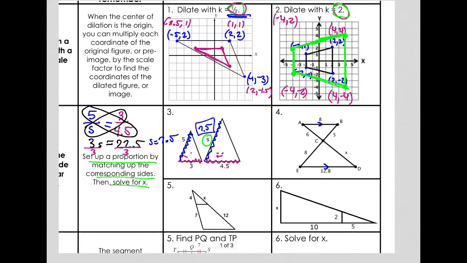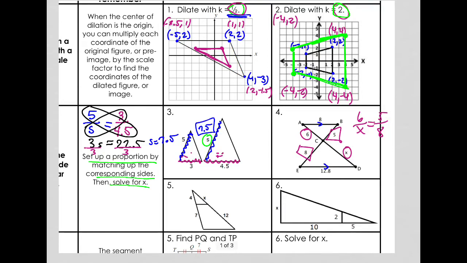So to set it up, we have 6 is to x as, we could do 8 is to 12.8. We could do 5 is to 8. Whichever way you like to do it, you should get the same answer. I'm going to do 5 is to 8 just because I don't want to deal with the decimal.